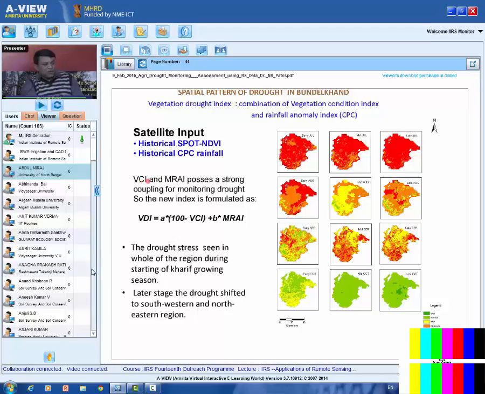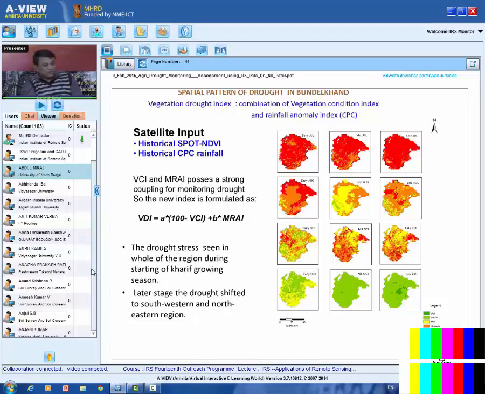First we computed a modified rainfall index by taking into account the weightage of the previous 3 decades' contribution to the drought. Then that MRI and the VCI have been weighted with equal half contribution to get the vegetation drought index.